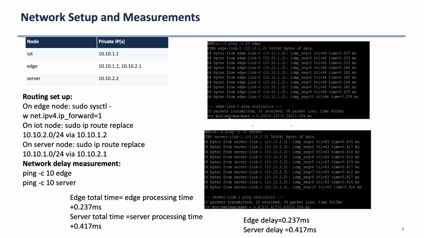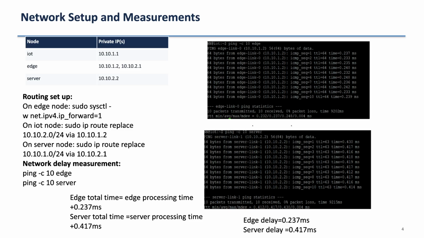The network setup and the measurements. There are the three nodes' IPs. We use a command to set up the routing and get the network delay. The total edge compute time is equal to the edge processing time plus the delay time.